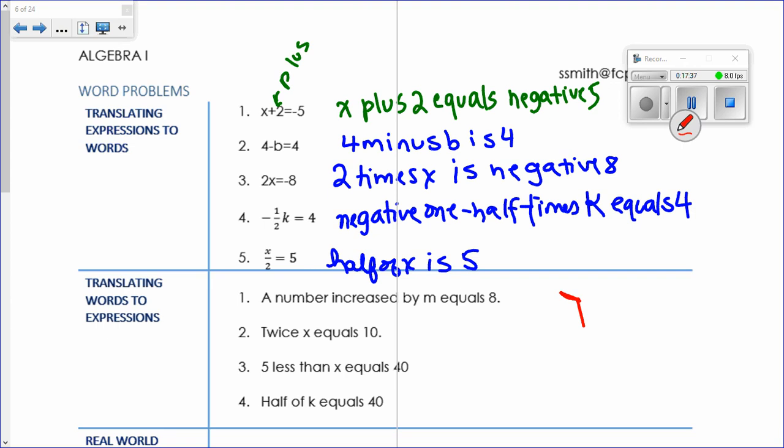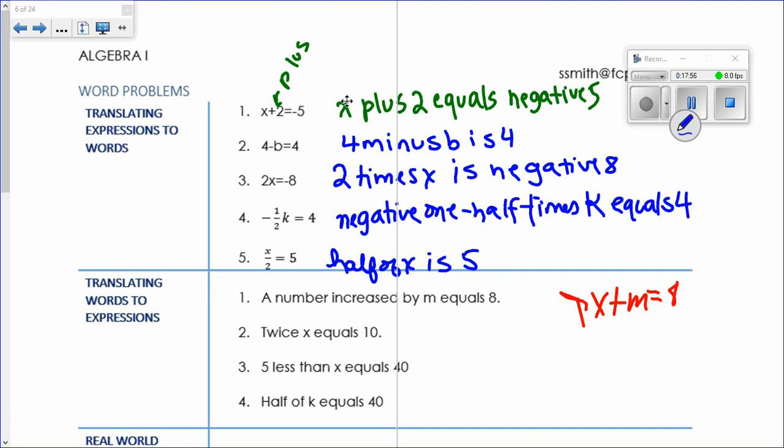Hurry up. Come on, Sal. You can do it. What's the number? X. What's increased by mean? Plus. Perfect.